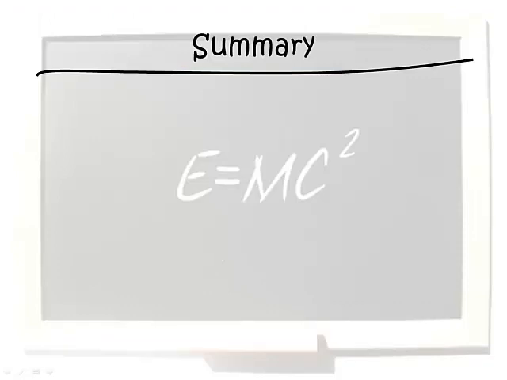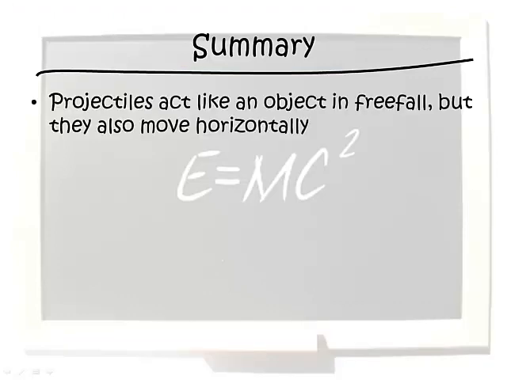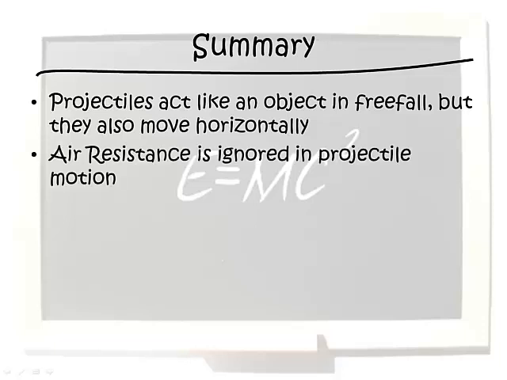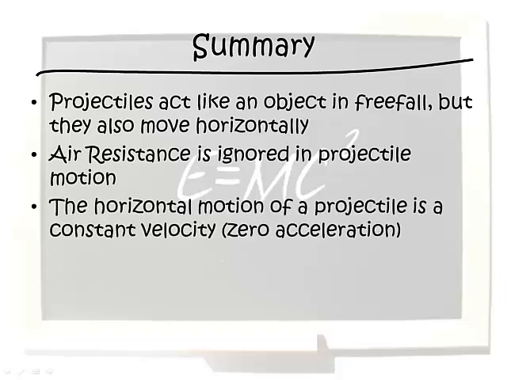So, what have we learned? Well, we know the projectiles act just like an object in free fall, but instead of moving just up and down, they also move horizontally at the same time. We can ignore air resistance with projectile motion, just like we do with free fall. And the horizontal velocity is constant, so there's no horizontal acceleration for a projectile.